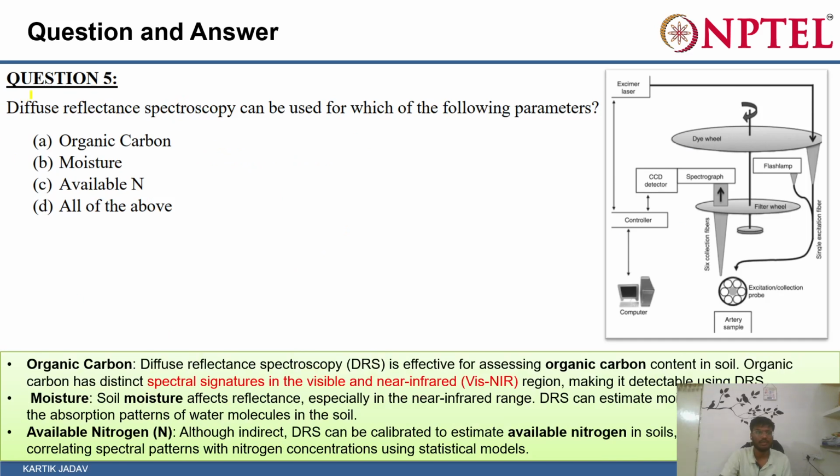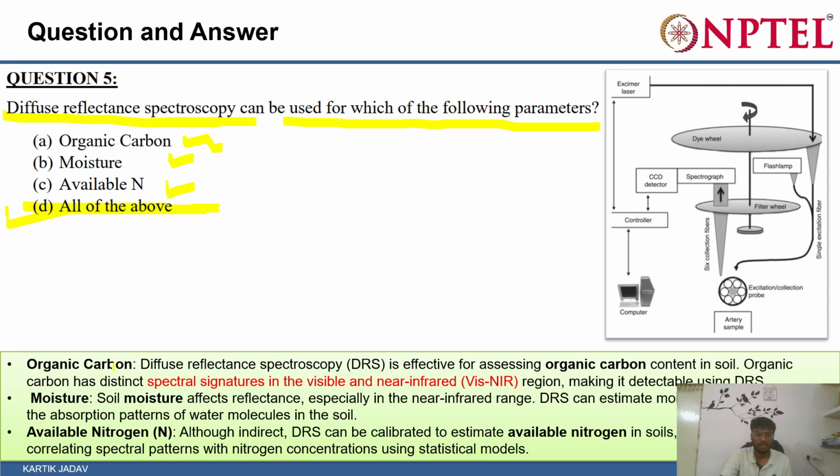Question number 5. Diffuse reflectance spectroscopy can be used for which of the following parameters? Option A, organic carbon, B, moisture, C, available nitrogen, and D, all of the above. So we know that diffuse reflectance spectroscopy can be used to measure all of these parameters.